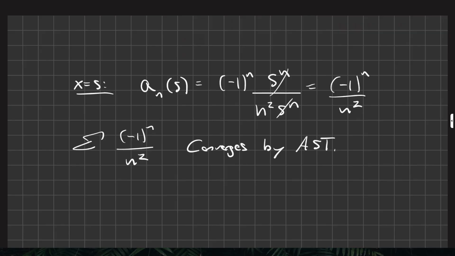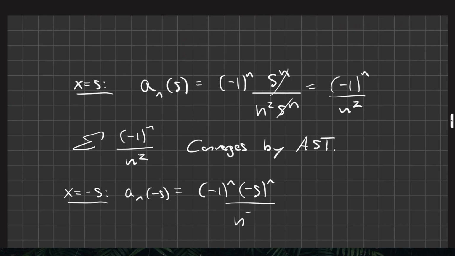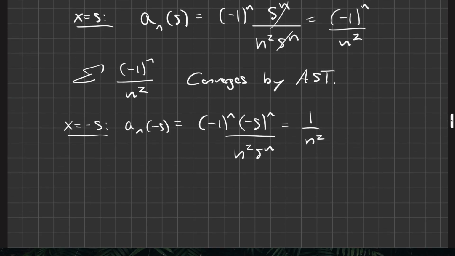Show that. Okay, and now at x equals -5, we'd have a(n) of -5, which is -1 to the n, -5 to the n, over n squared, 5 to the n, which is just 1 over n squared. And this is also convergent, but we can make an easier argument just using p series.